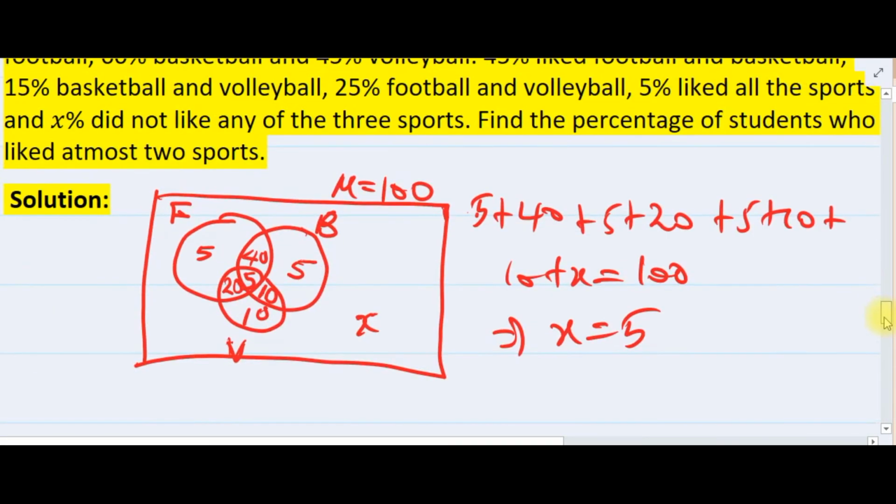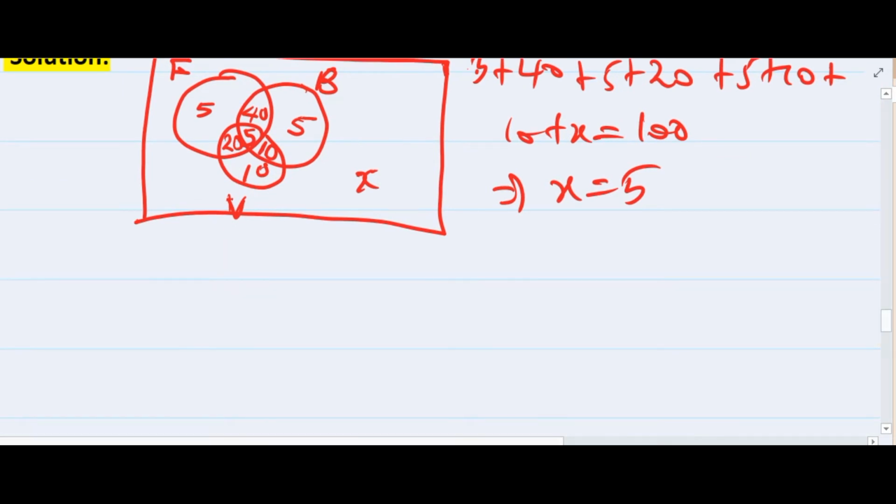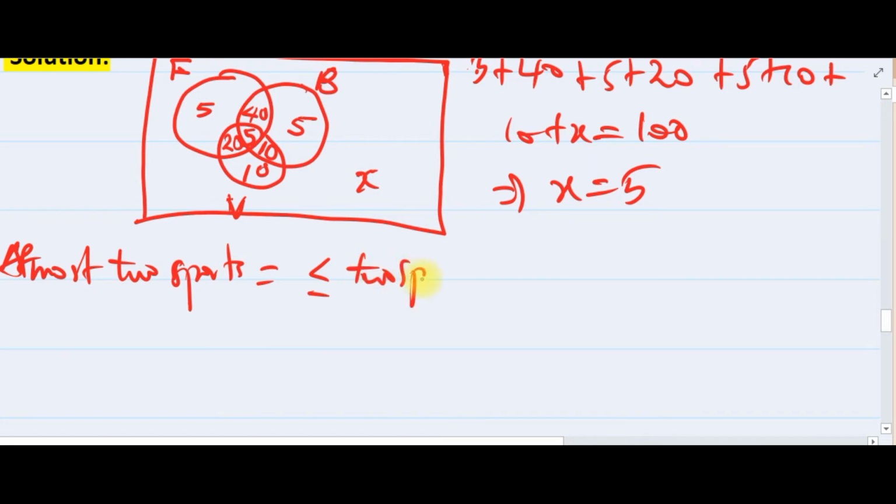At most 2 sports. So let's add. At most, remember, at most 2 sports means less than or equal to 2 sports, meaning none, 1 or 2. So how many like none? X, which is 5.